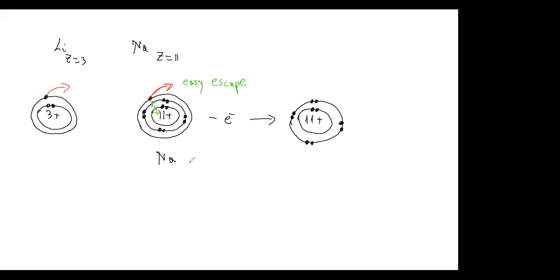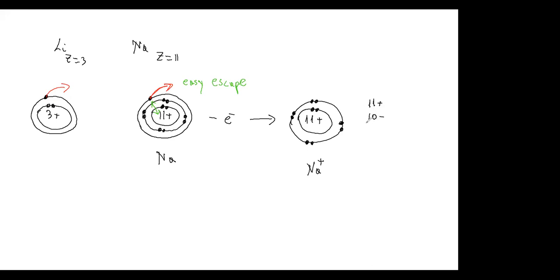The element always has the same number of protons and electrons. And this is sodium ion positive. It is a positively charged particle because if we look carefully in the second picture, we have 11 protons and 8 electrons.